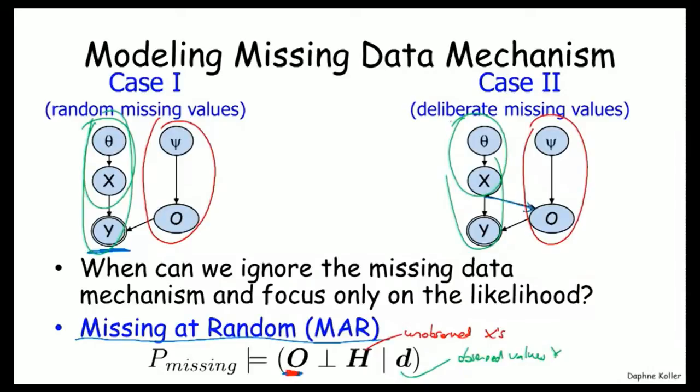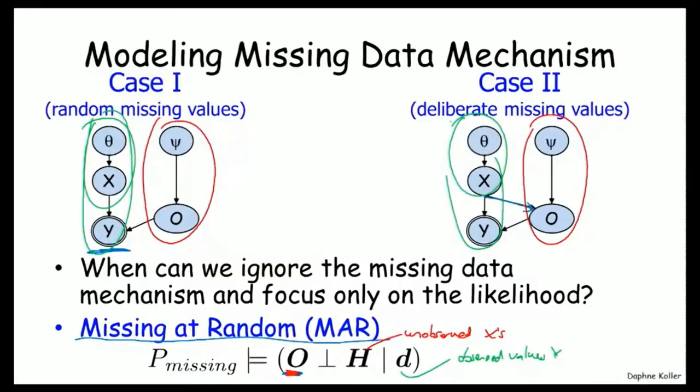So the fact that a chest X-ray doesn't exist in my patient's record is probably an indication that the patient didn't have tuberculosis or pneumonia. So these are not independent. In that model, we do not have the missing at random assumption holding, because the observability pattern tells me something about the disease, which is the unobserved variable that I care about.